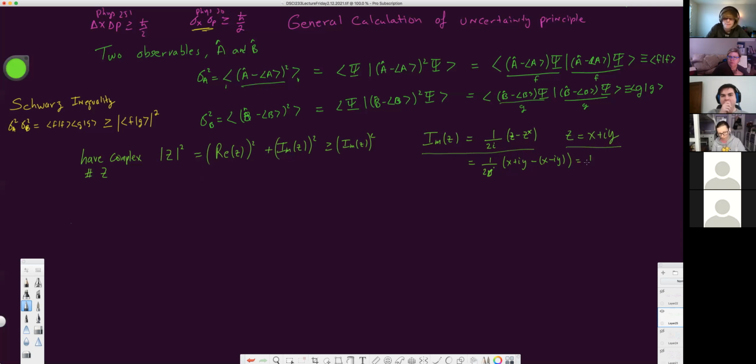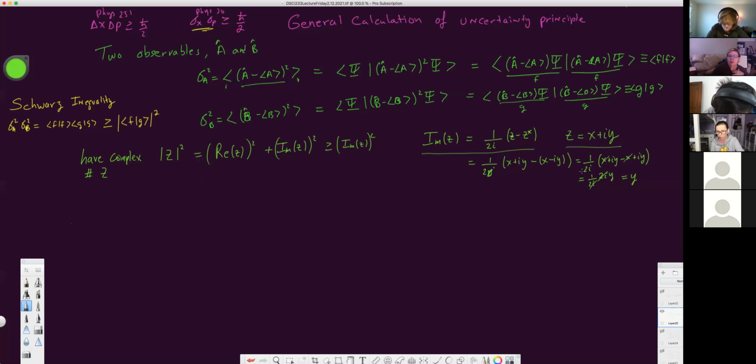That's 1 over 2i times (x plus iy minus x plus iy). You can see the x's cancel out, the iy's don't, and we get 1 over 2i times 2iy. The 2i's cancel out, and we get just y, which is indeed the imaginary part of z, right?